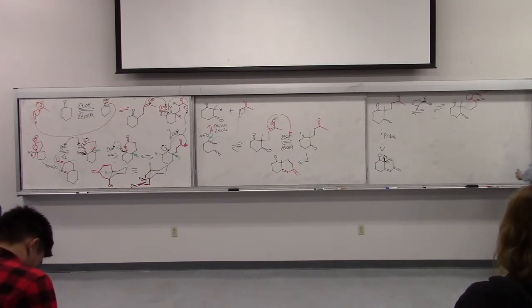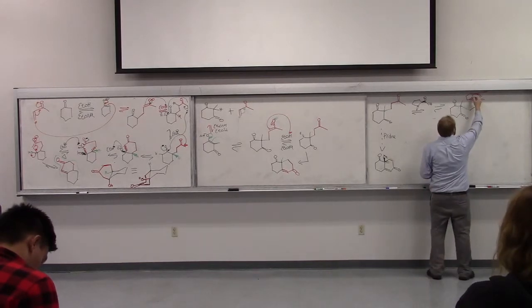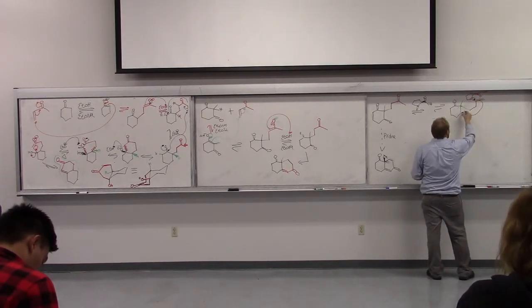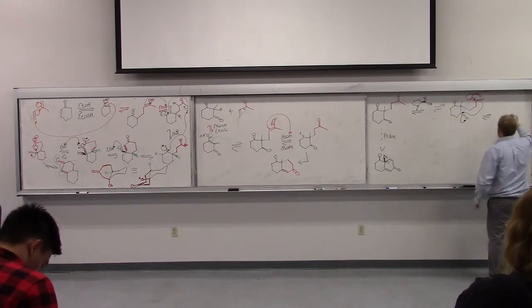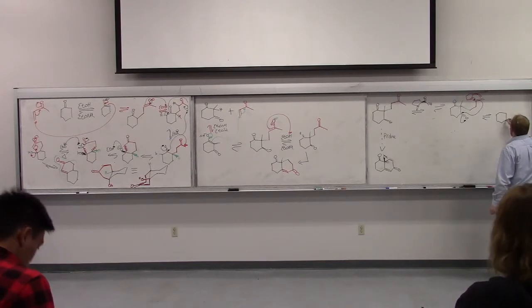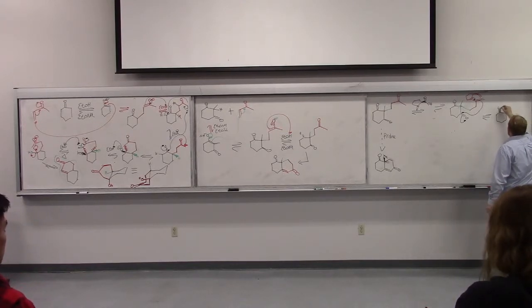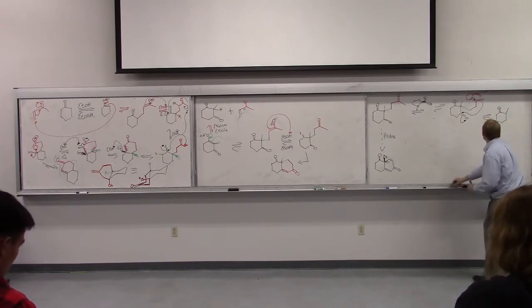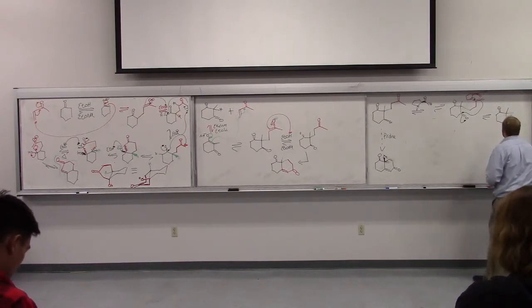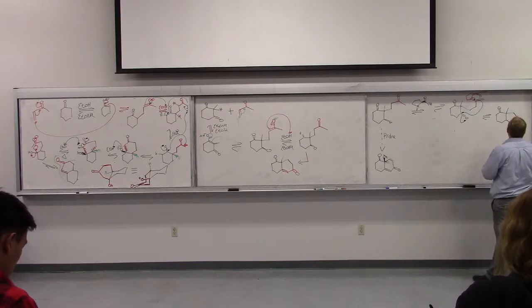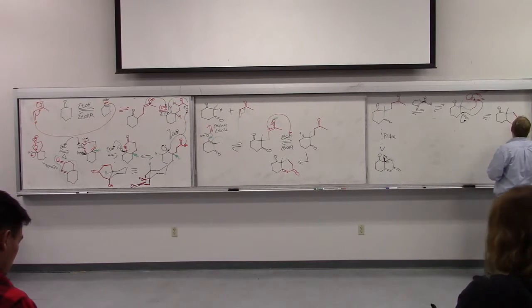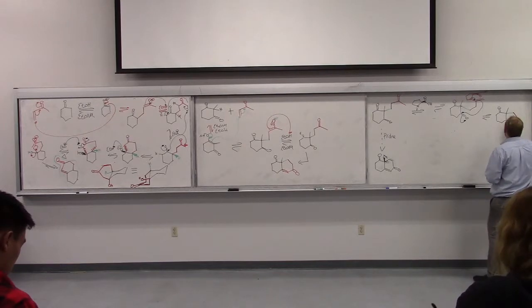And so what then happens is the enamine will attack one of the carbonyls. Double attacks on the carbonyls in an aldol type reaction.